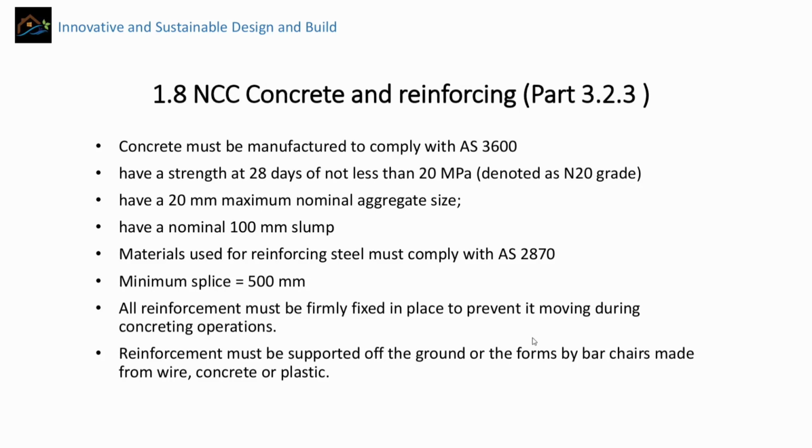And the reinforcement must be supported off the ground or the formwork by bar chairs made from wire, concrete, or plastic. So they should not be completely attached to the ground. We always use bar chairs to elevate those rebars because we need to have a cover of at least 20 millimeters for the concrete elements.